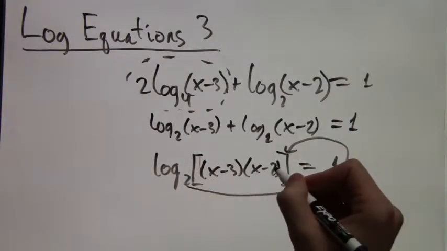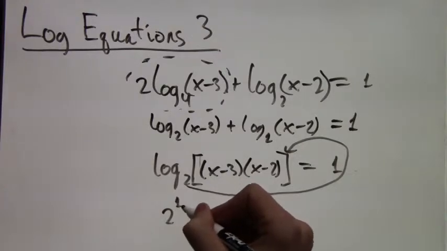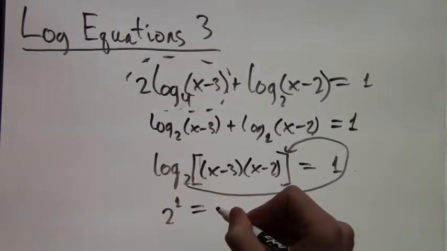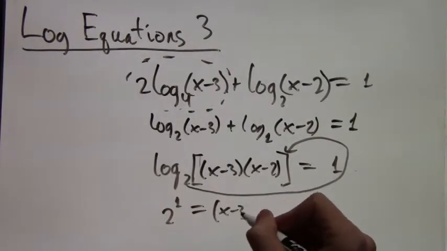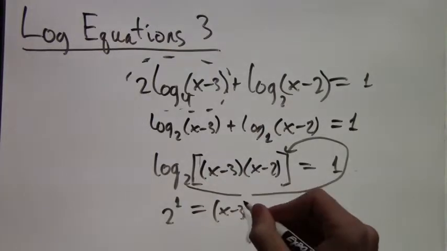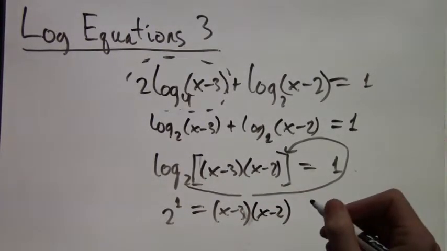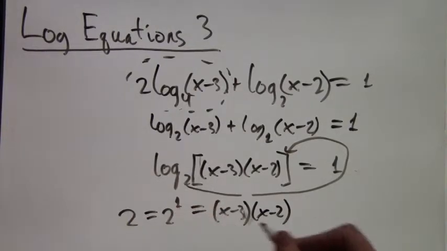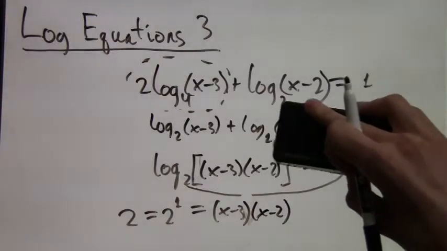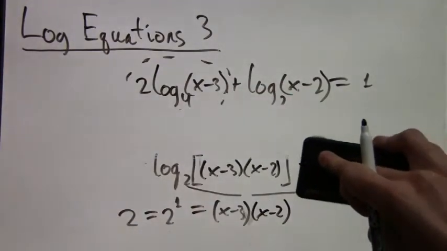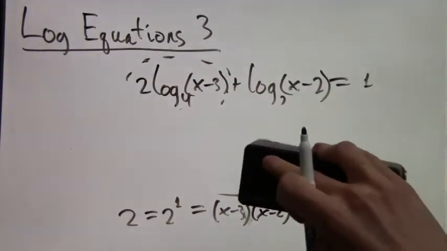This is just a method of memorizing what the logarithm actually means. And what it means is 2 to the 1 equals x minus 3 times x minus 2. We start at the base and we go around full circle to get the expression 2 to the 1 equals x minus 3 times x minus 2, which is the same as the logarithm.